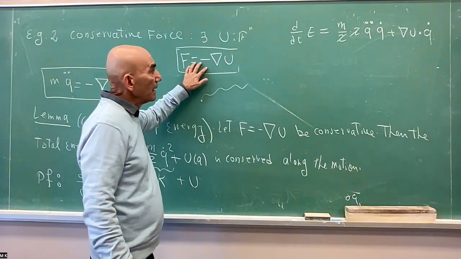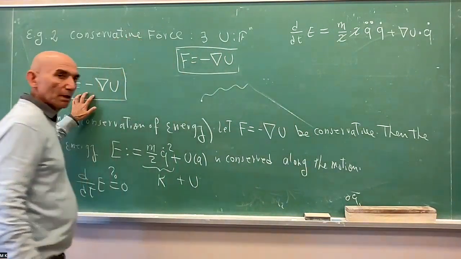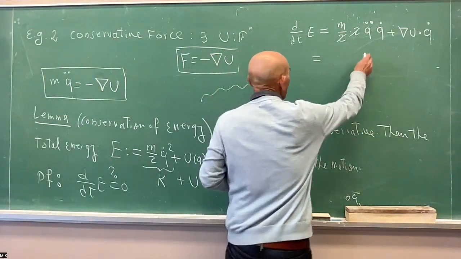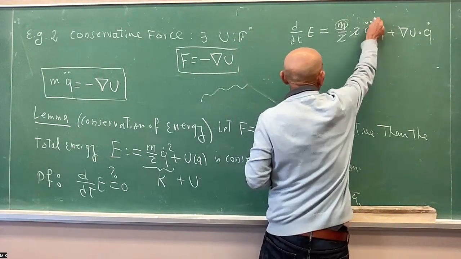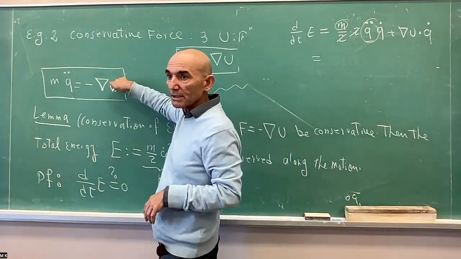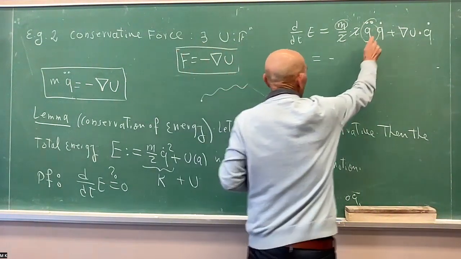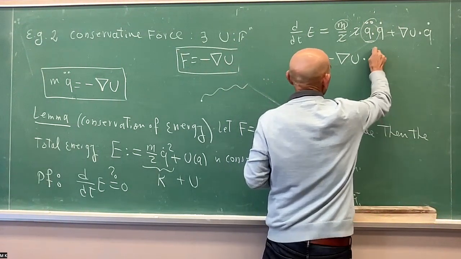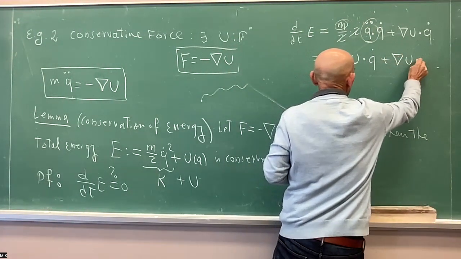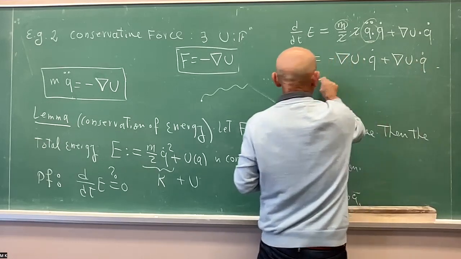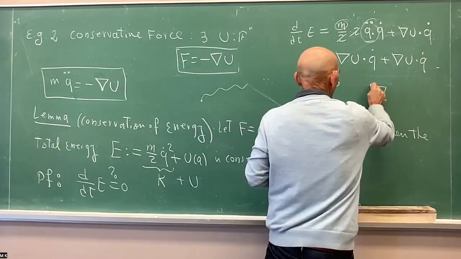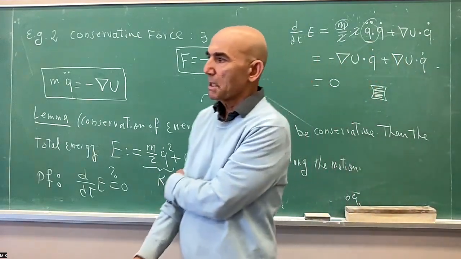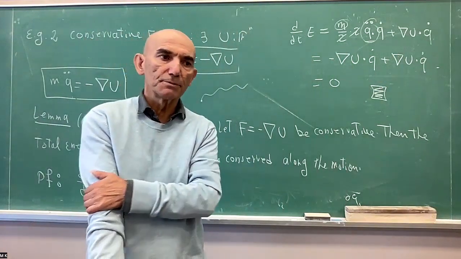So m q double dot is equal to negative gradient of U. So we get negative gradient of U dot q dot plus gradient of U dot q dot, which is 0. So this is the principle of conservation of energy.